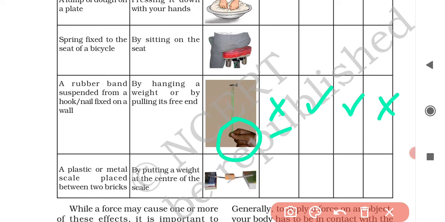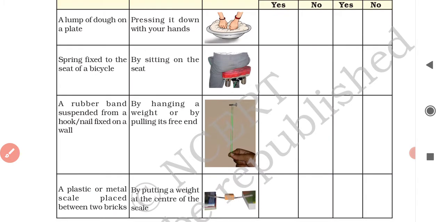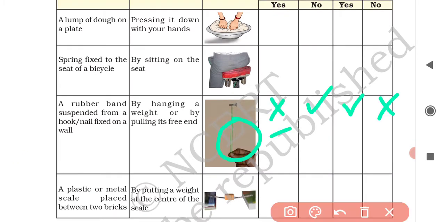Since it is not free to move, then we'll give a cross over the yes column and we'll give a tick over the no column. And is there any change in the shape of the rubber band? Yes, there will be a change in the shape of the rubber band, right? By pulling. So we'll give a tick on column yes, and we'll give a cross on column no. Okay.